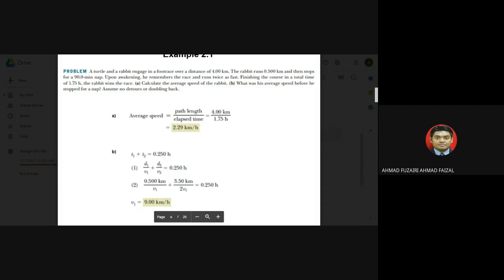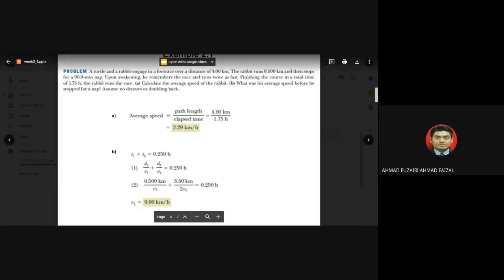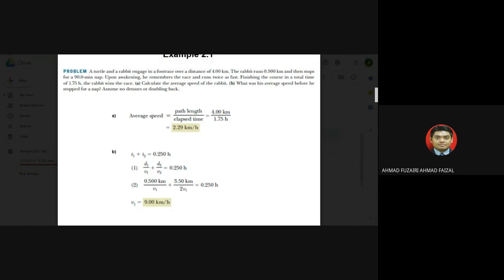If you notice in the question, there is some confusion about what the SI unit actually is, and whether this question follows the SI unit we learned before.